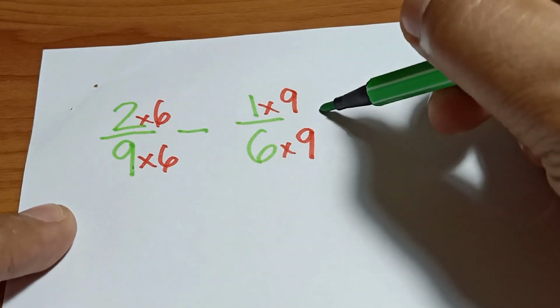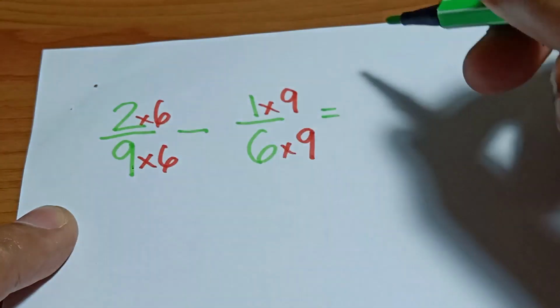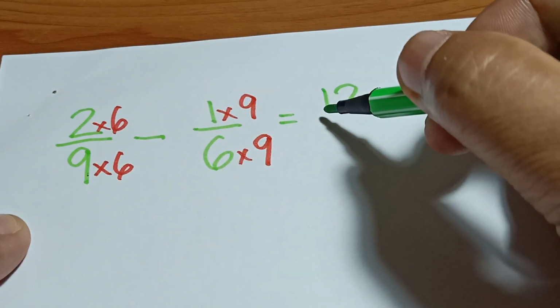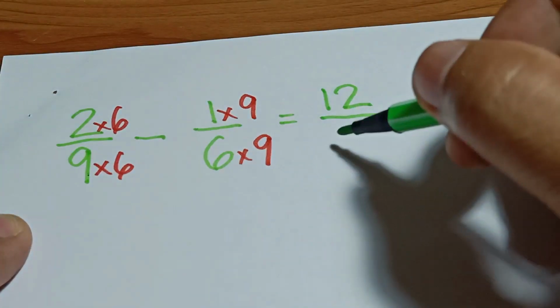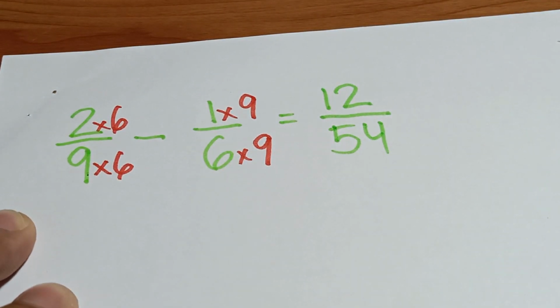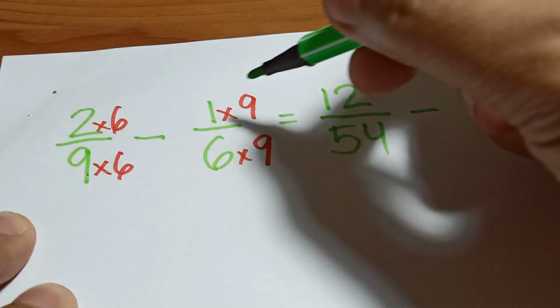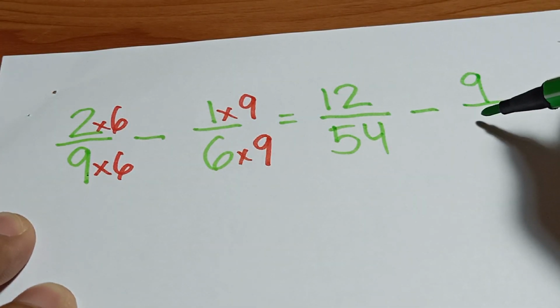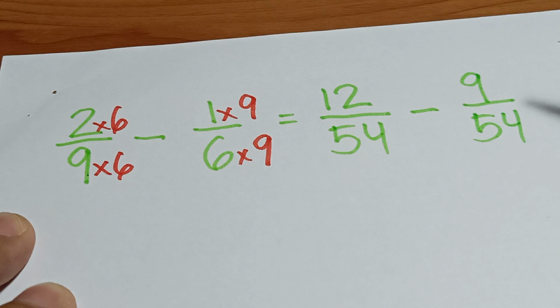Then we multiply: 2 times 6 is 12 over 9 times 6 is 54, minus 1 times 9 is 9 over 54. So 6 times 9 is 54.